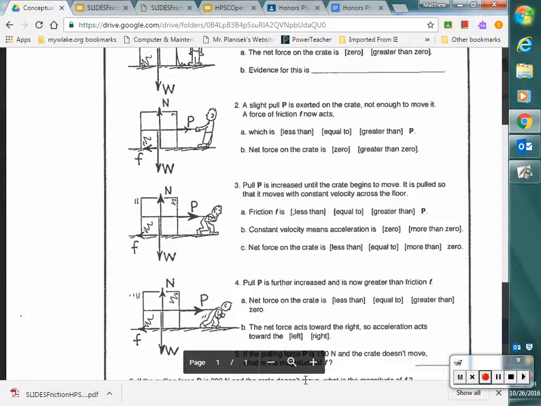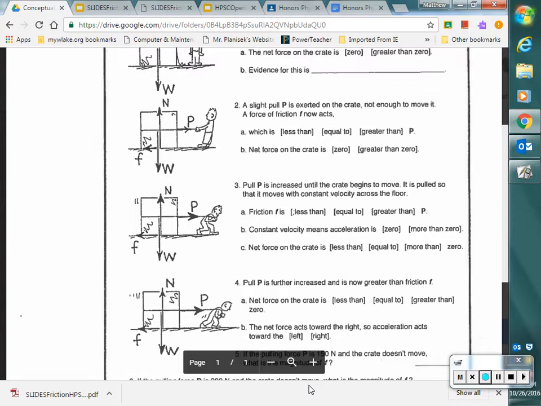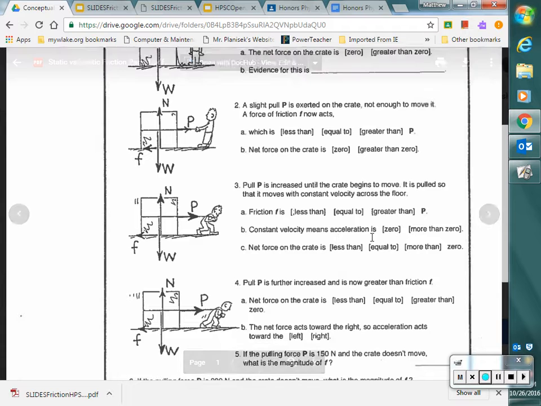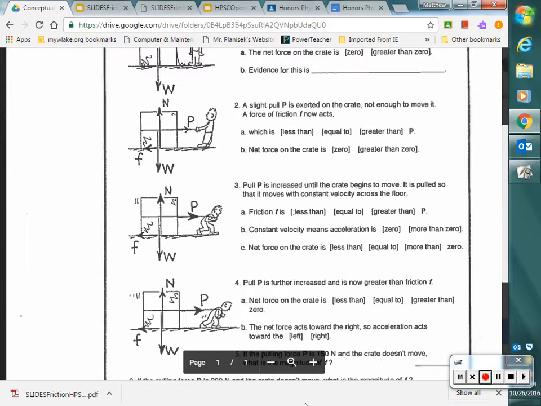Right. If it says constant velocity, that means that friction has to be equal to P. Right? Because, Joanna, constant velocity means acceleration is 0 or more than 0? If the velocity is constant, what's true about the acceleration? Well, the velocity is not changing. There's no acceleration.